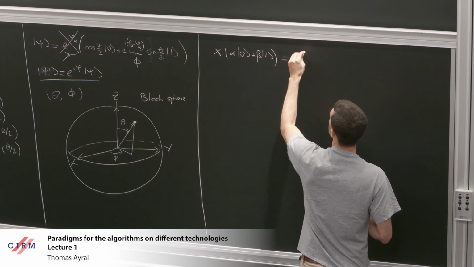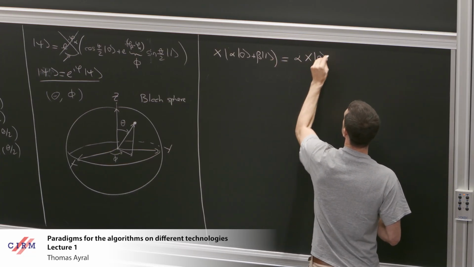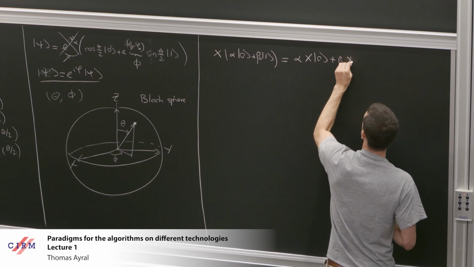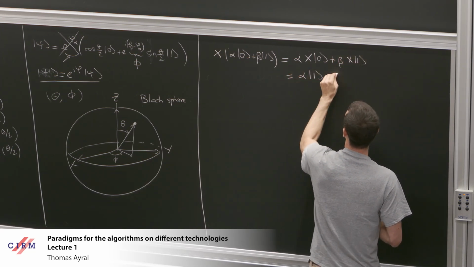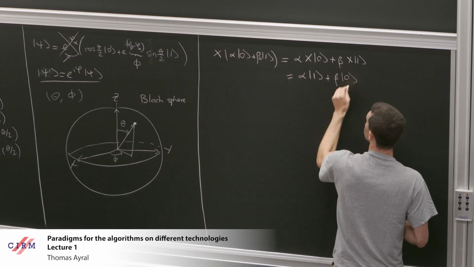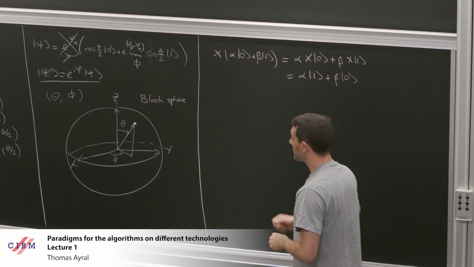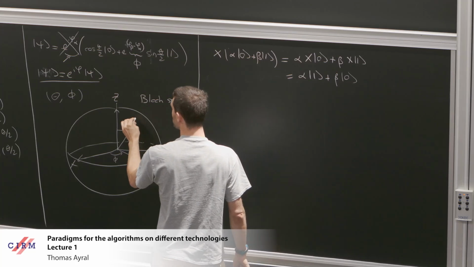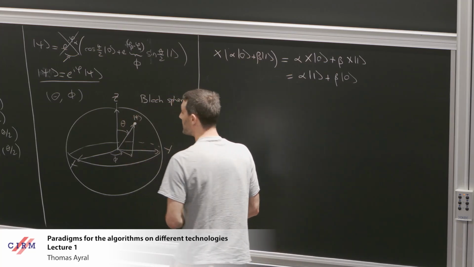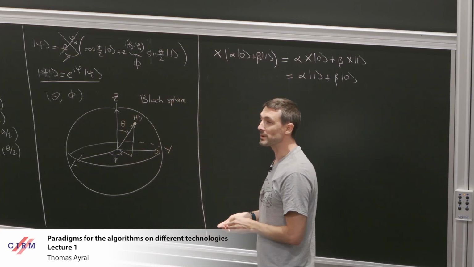So you obtain by linearity alpha 1 plus beta 0. So can someone tell me where this goes? If I started with a point here, so if my psi was here, where does it end up if I apply X to it?